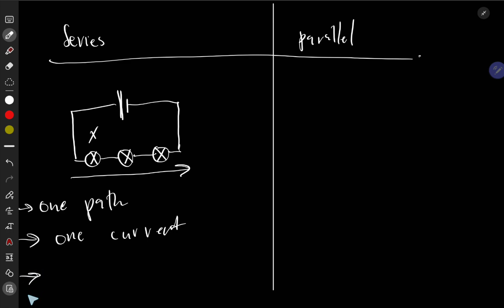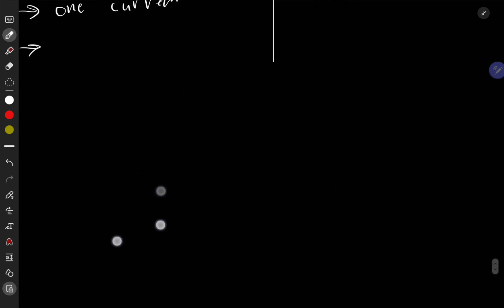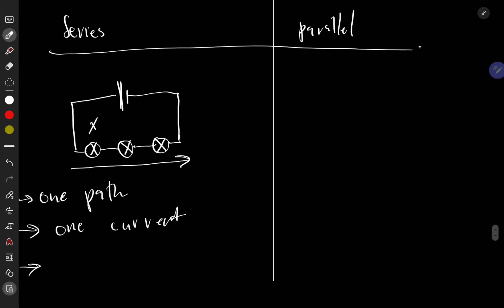Also, what else to know? Voltage divides, as you'll see in my example. If this supply is 6 volts and all of these bulbs are the same, this one will get 2 volts, this one 2 volts, and this one 2 volts.